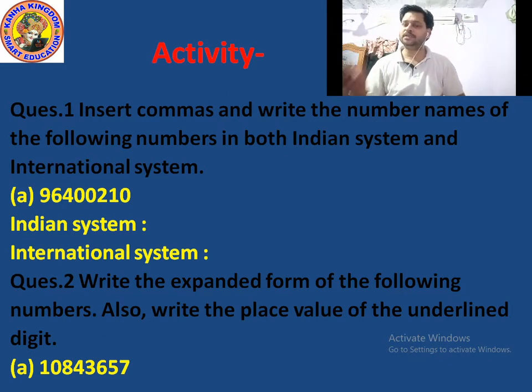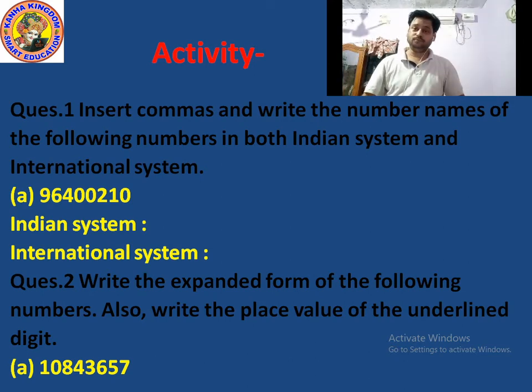In the ones period, 3 place values: ones, tens, hundreds. Then the thousand period, also 3 place values: 1000, 10,000, 100,000. Then the millions period, also 3 place values: millions, 10 millions, 100 millions. Means in every period there are 3 place values.